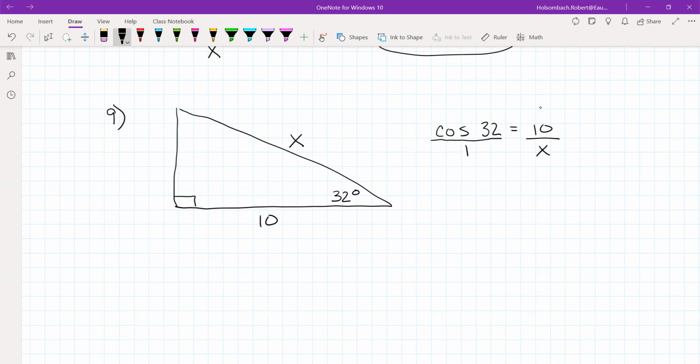Cosine over 1. So cosine 32 times x equals 1 times 10 is 10. Divide both sides by cosine 32. X equals 10 divided by cosine 32, 11.8.